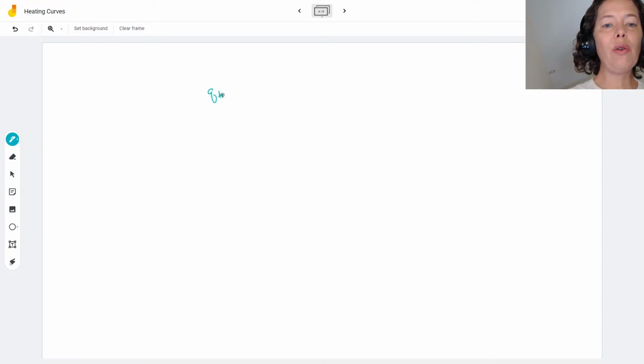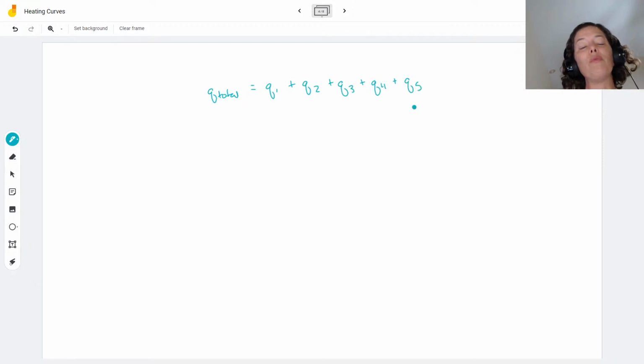So my Q total is going to be my Q1 plus my Q2 plus my Q3, then my Q4, and finally my Q5. So I'm just going to pull the numbers from the previous page, put them down, and add them all up.